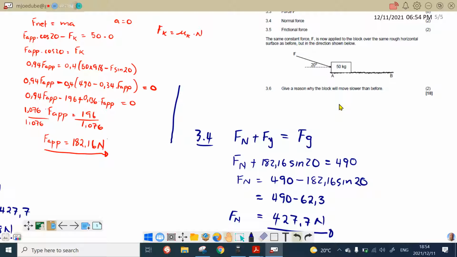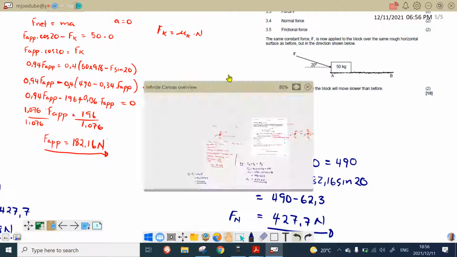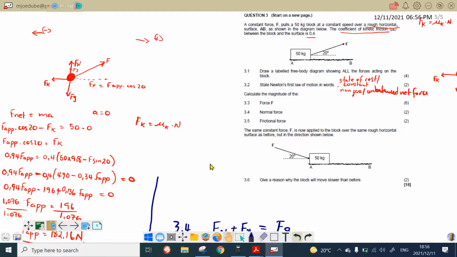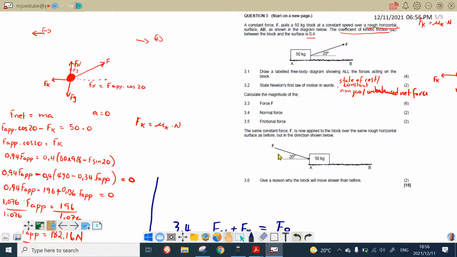So now when you look at this object, what you observe is that the force that is applied is now acting in a downward direction, as opposed to the previous scenario in which the force that was applied was acting in an upward direction.